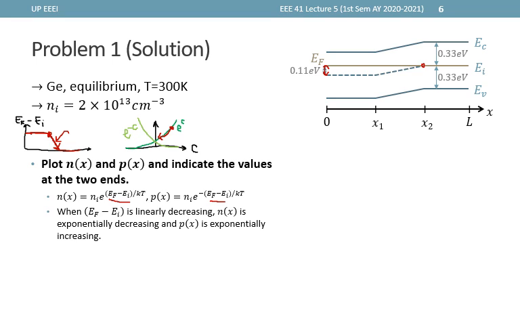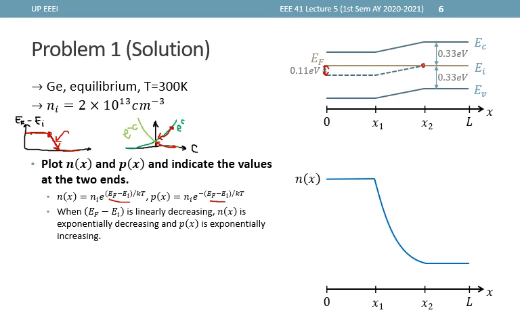And therefore, we can conclude that n of x must be exponentially decreasing, while p of x must be exponentially increasing. Since again, ef minus ei is linearly decreasing, if we focus on the plot for e raised to minus c, then it's as if we're going backwards and we'll be able to get a plot that is exponentially increasing. So we should be able to get this plot right here.